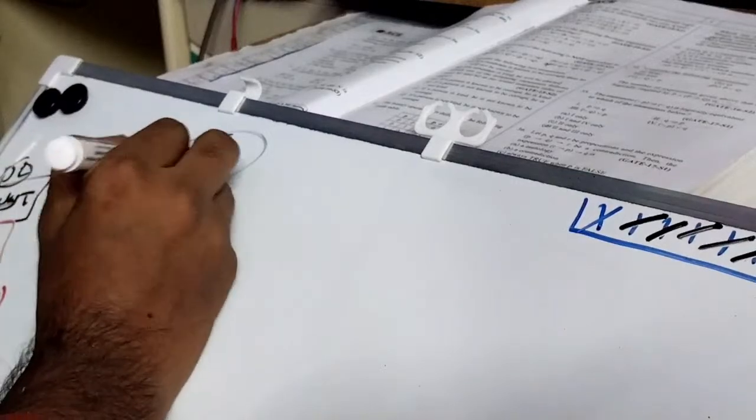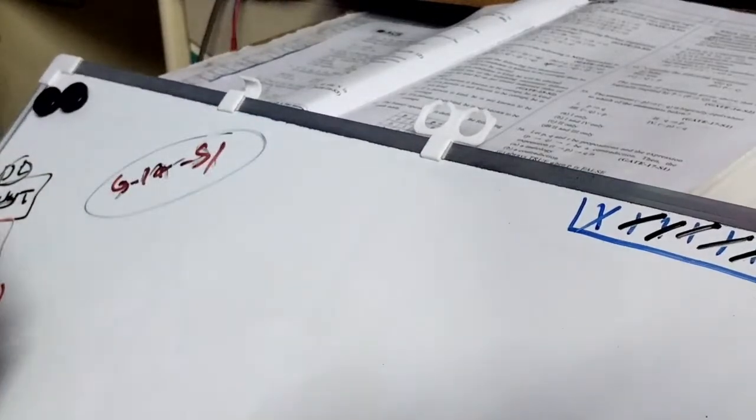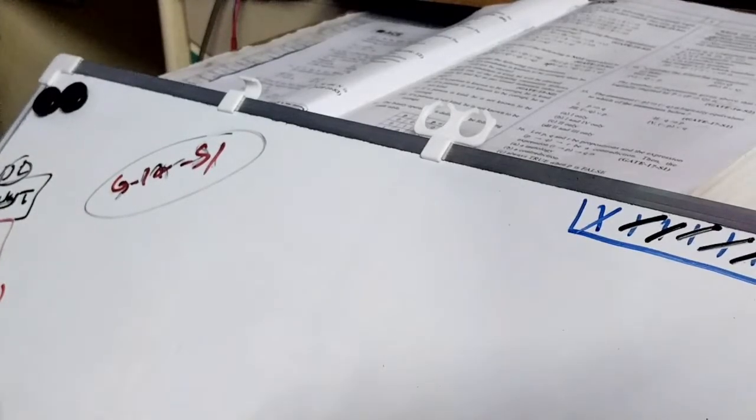GATE 14 set 1 question. Which of the following propositions is true when exactly two of P, Q, and R are true?